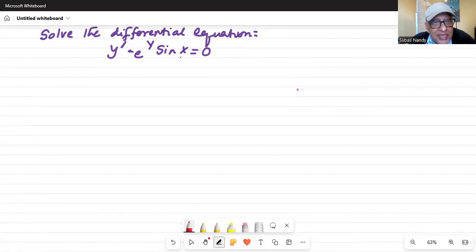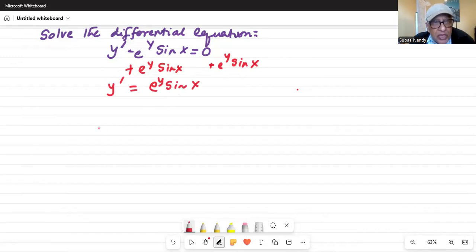I will add e to the power of y sin x on both sides. So that means I have y prime is equal to e to the power of y sin x, because on the left e to the power of y sin x cancels.